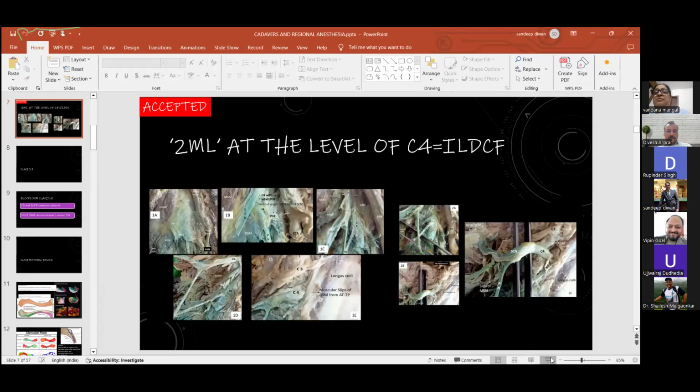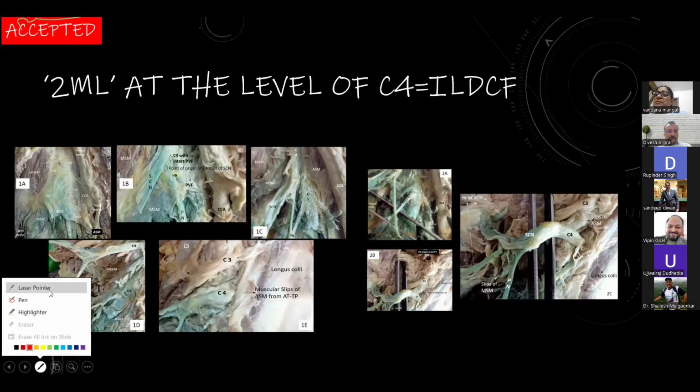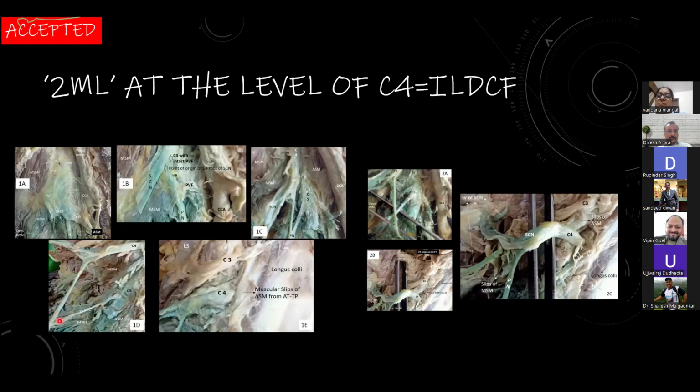But if you look at this, there are these two. So these are forming the phrenic nerve. Now, it all depends upon whether this particular root is stained completely and this is not stained, or both would be partially stained. For example, this is coming from C4, this is coming from C5, forming a phrenic nerve here.